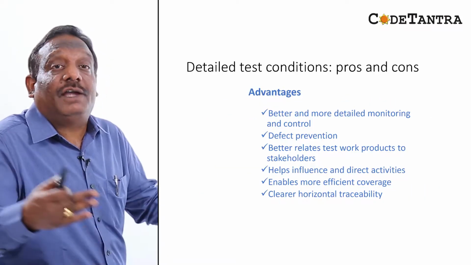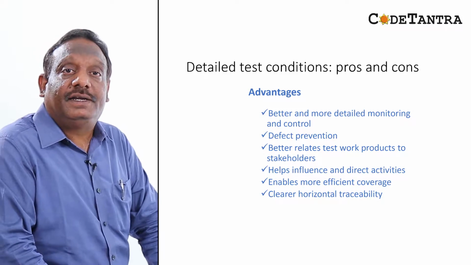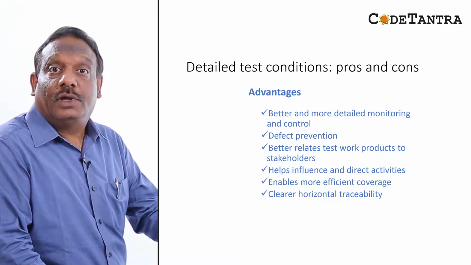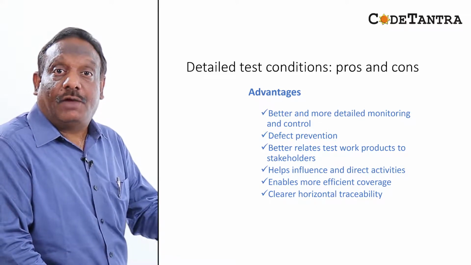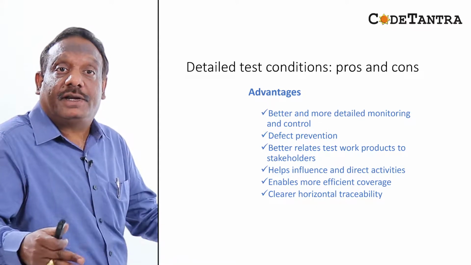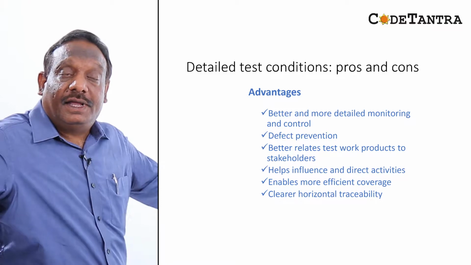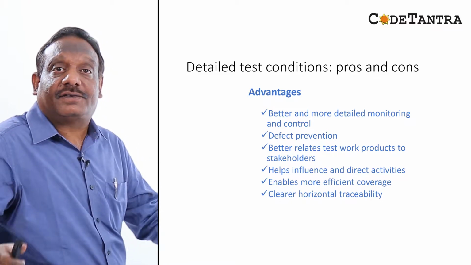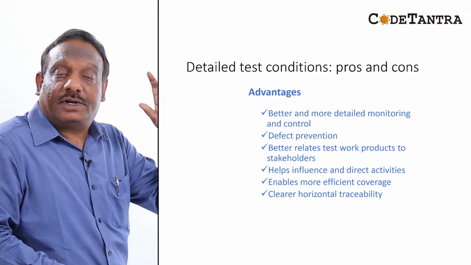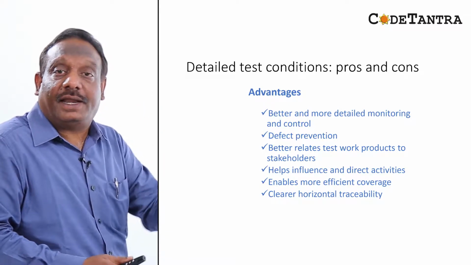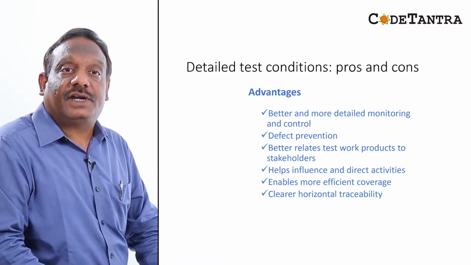So what are the advantages of detailed test conditions? With detailed test conditions, you will have better and more detailed monitoring and control, because you can build a very clear horizontal traceability between your test objectives, your test strategy, your test plan, and the test conditions.